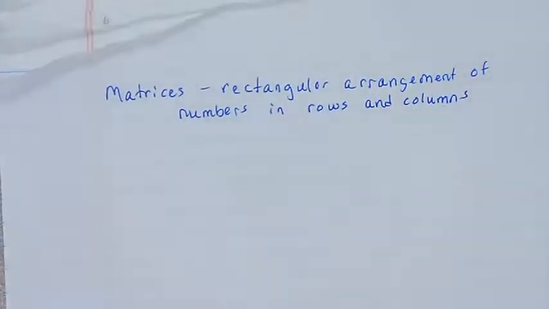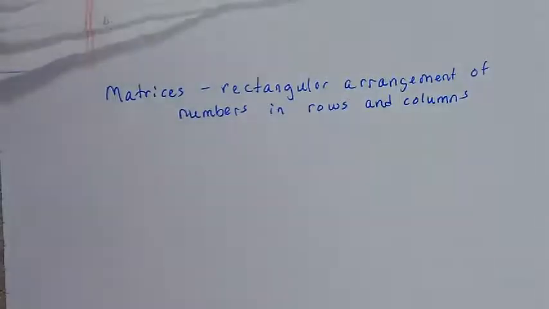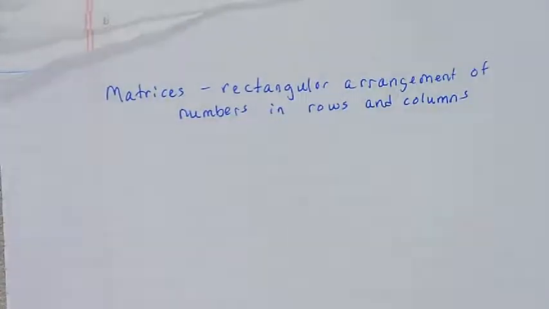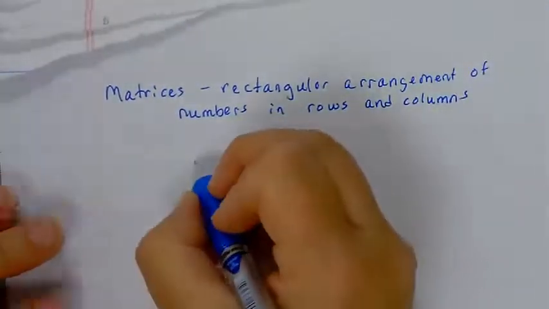A rectangular arrangement of numbers in rows and columns. So rather than try to list a set of numbers, one way that you can organize numbers is by putting them in a matrix. And so a matrix looks something like this.